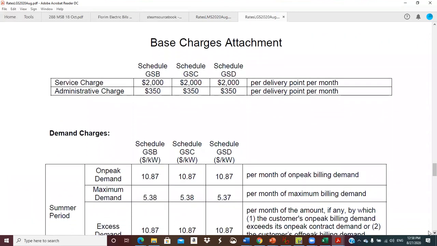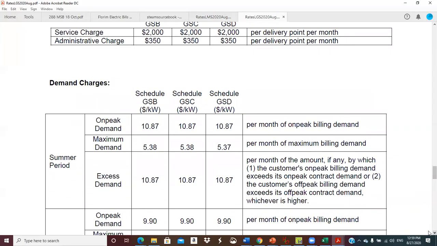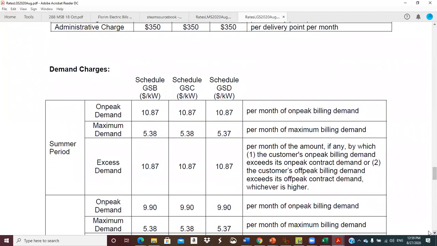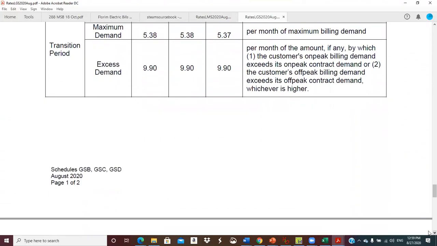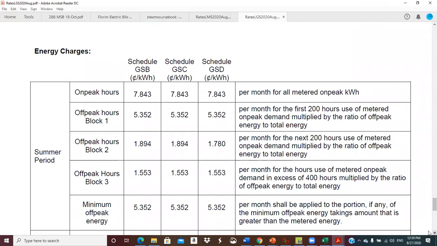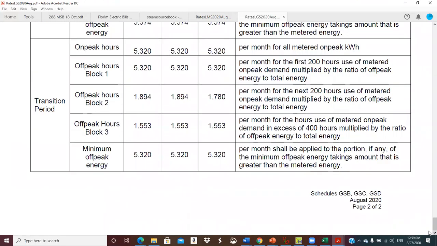Okay. I don't know if we're going to see much of a difference here. I was thinking that we would, but these rates are all kind of migrating in the same direction. Service charge, admin charge. So we've got GSA, B, C, and D. On peak, extra. This is the same stuff we've already seen. There's no point in this. I thought this might look different. In the old days, the GSA rates were different, but this is not.